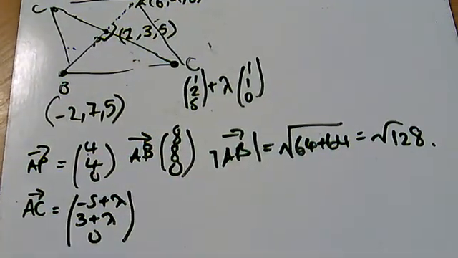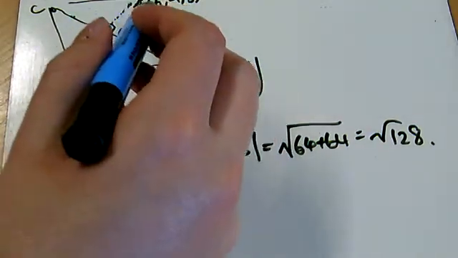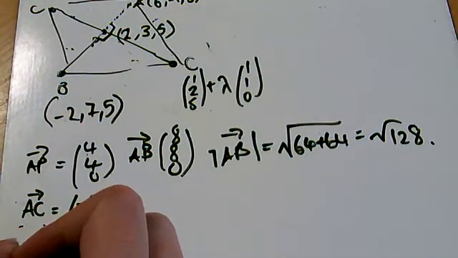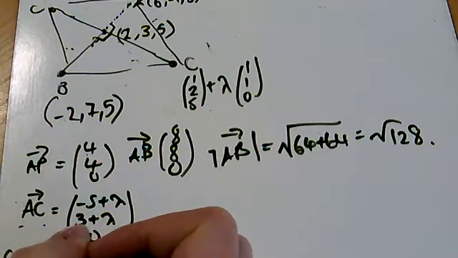If you don't follow what I just did, all you're doing is C take away A to get A to C. And you can just work that out again.